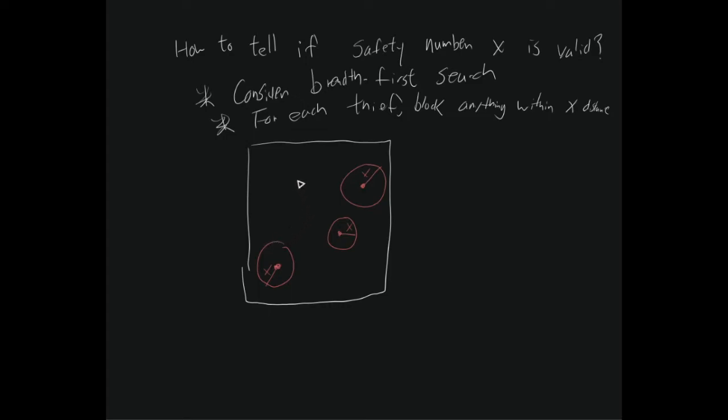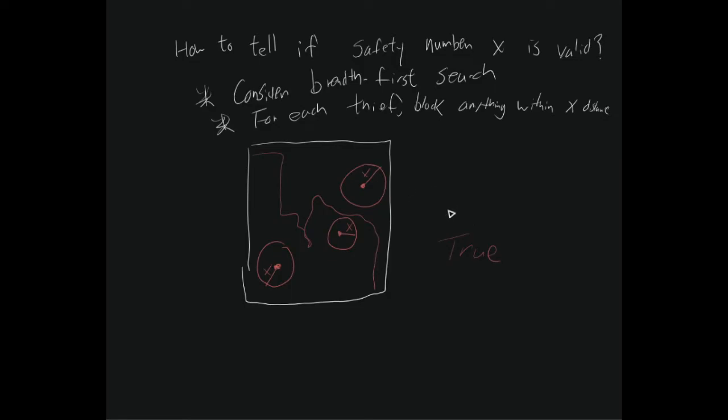After we block it, we want to check if there still exists any path from the top left to the bottom right. If that exists, then we return true. It means that we can reach this safety number.